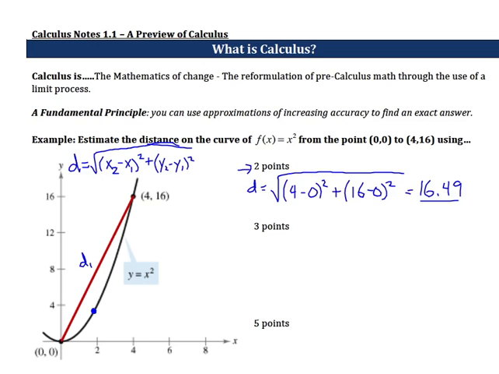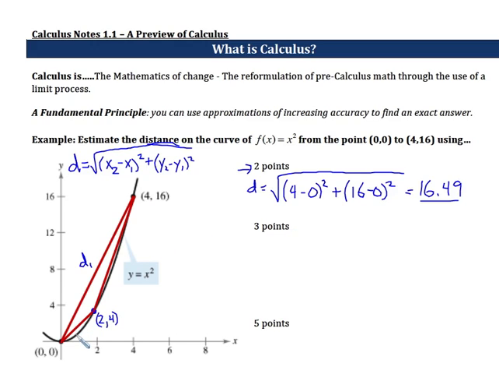This is the point (2, 4). Now what we get when we do this is 2 line segments. You can see that the approximation is going to be much closer to resembling our curve.